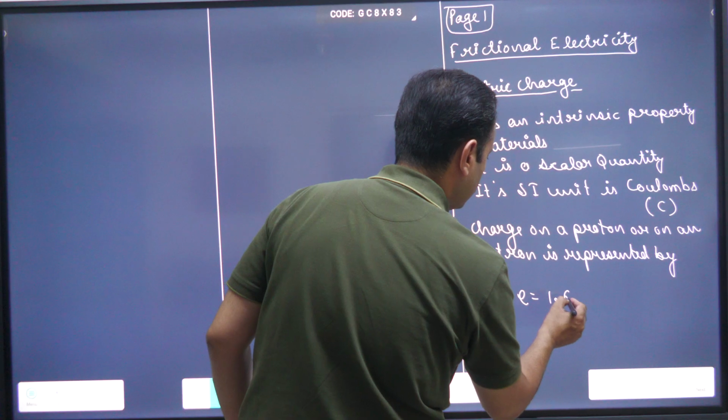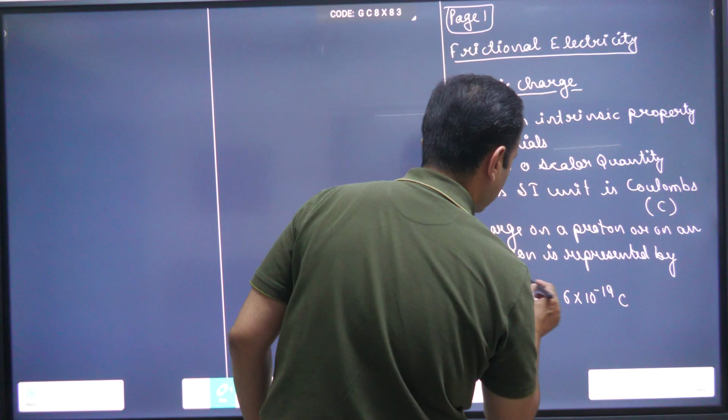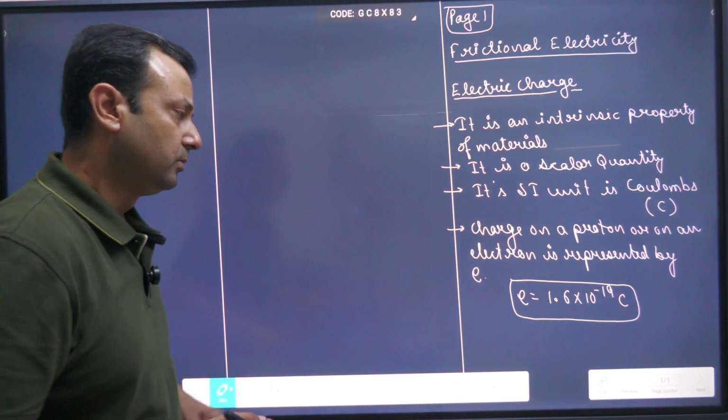Small e is equal to 1.6 into 10 to the power minus 19 coulomb.